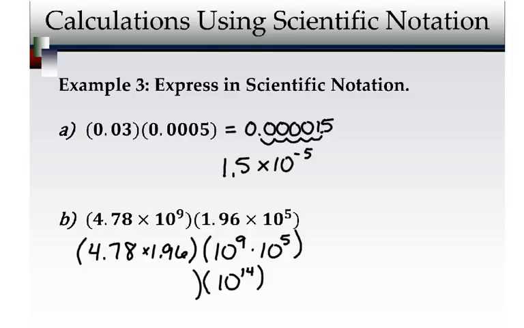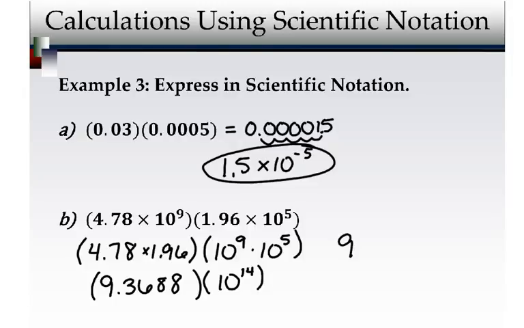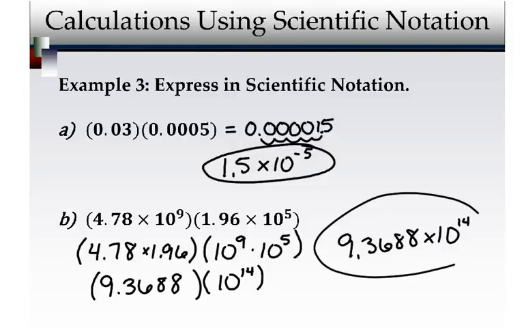And now in your calculator, put together the 4.78 and the 1.96 by multiplying them. And this is what you should get, 9.3688. And just write it out properly like you did up here in scientific notation. 9.3688 times 10 to the 14th. And we are done.